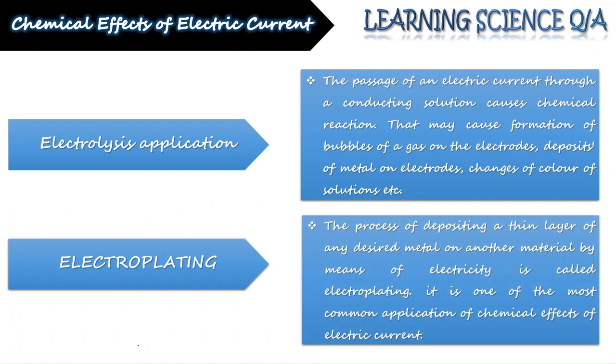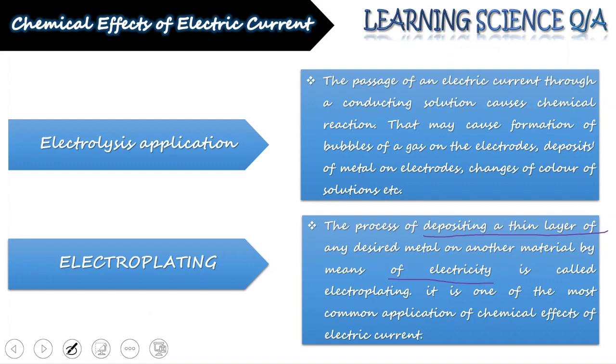Now, what is electroplating? Electrolysis has a very important application, which is electroplating. Electroplating is a process of depositing a thin layer of any desired material, many times a pricier material or a metal, over another material which is not so good looking and not so pricey, and this takes place with the help of electricity, or the electric current.